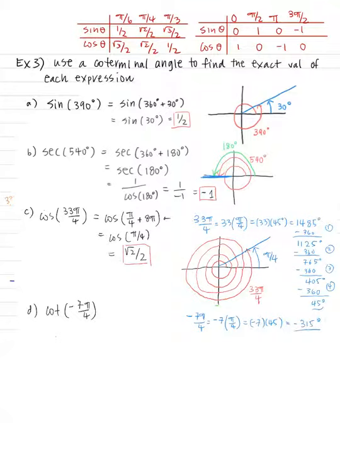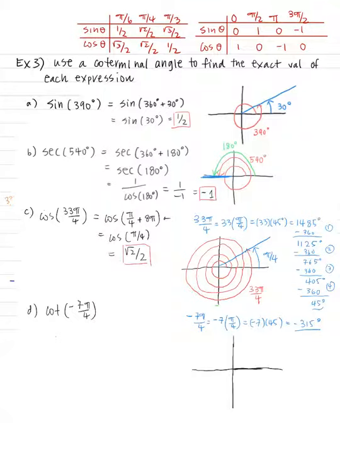Okay, so if I'm going to draw this out, I'll just draw it on this side again. Now remember, we're given the negative angle, so we're going to have to revolve clockwise from the initial side. Always, the initial side starts from the positive x-axis. Now, negative 315.